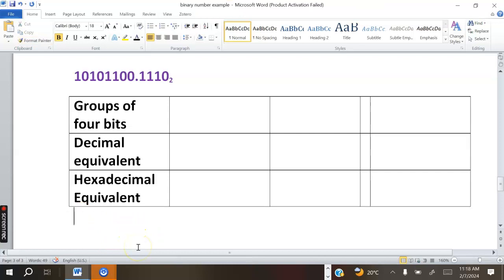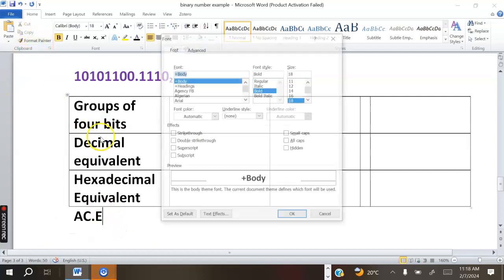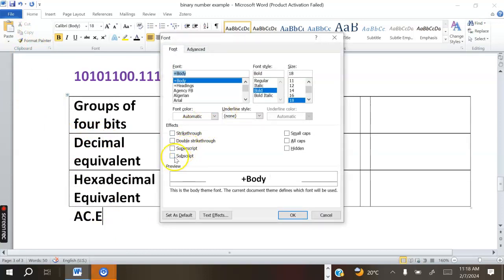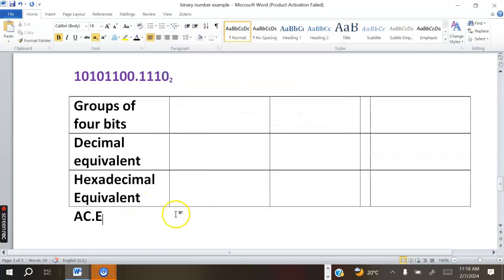This should be your answer, which is AC point E base 16. That's our answer.